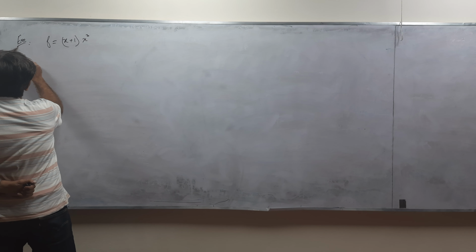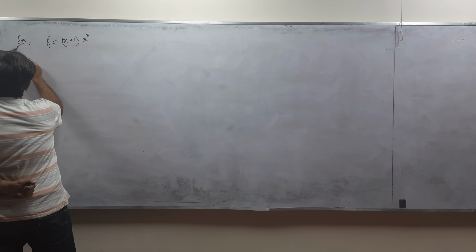Okay. Derivative of this will be 3x square, dx over dx, that is equal to 1. Okay. So this will be x plus 1 to the power 1 by 3.